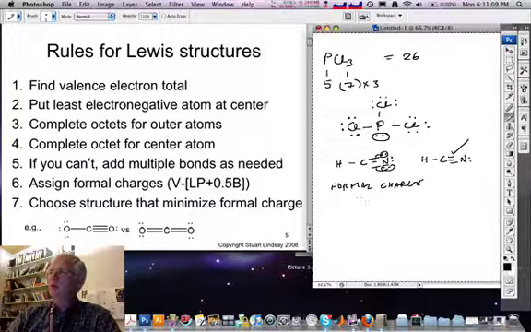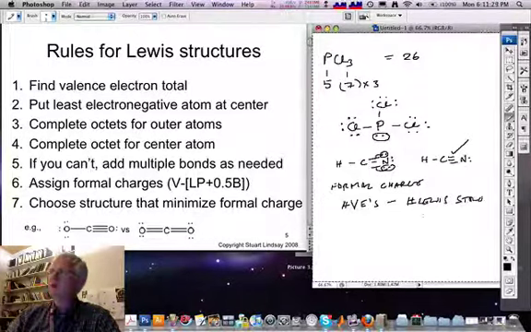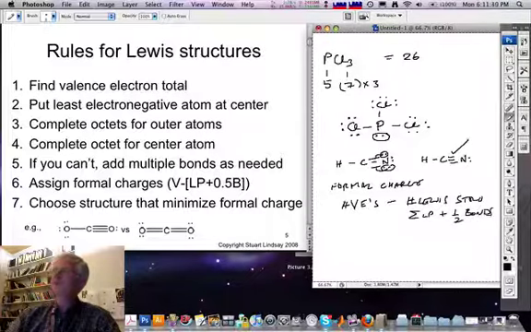It's equal to the actual number of valence electrons in the element minus the number assigned by the Lewis structure. What is the number assigned by the Lewis structure? Well, this is all the lone pairs on that element plus a half of the bonding, or the bonds.